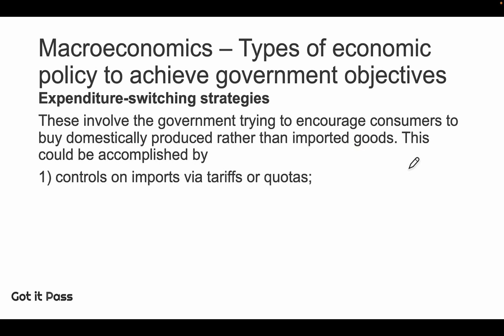First, controls on imports via tariffs or quotas. It means that the government has some restrictions on imported goods. It can be by tariffs, let's say imposing customs duties on any imported goods, for example if we would like to protect farm products, or setting quotas for imported goods.